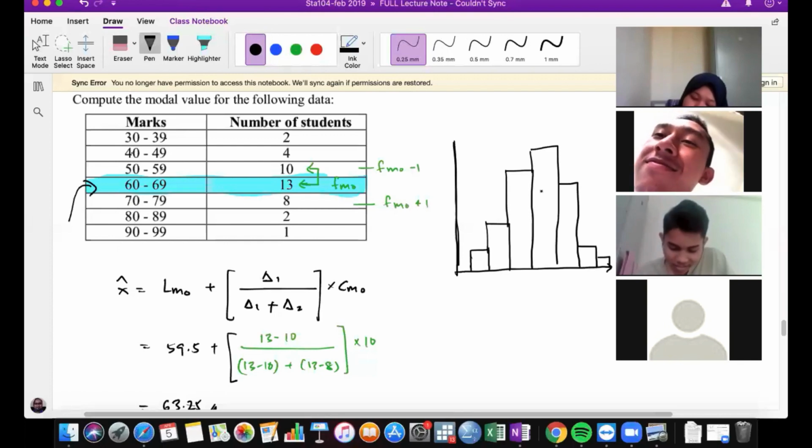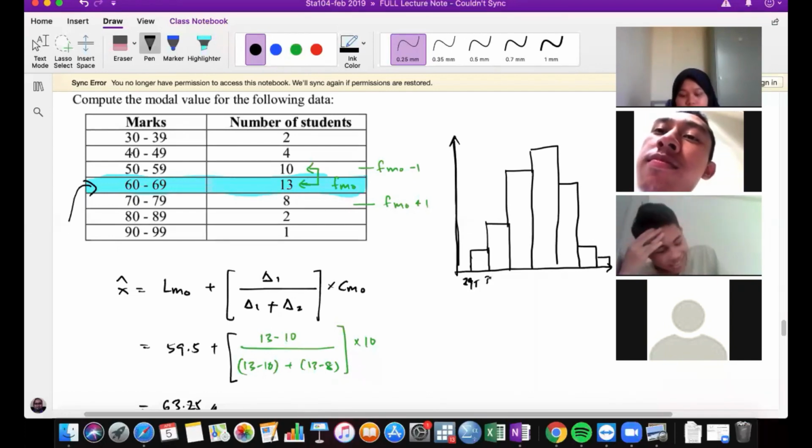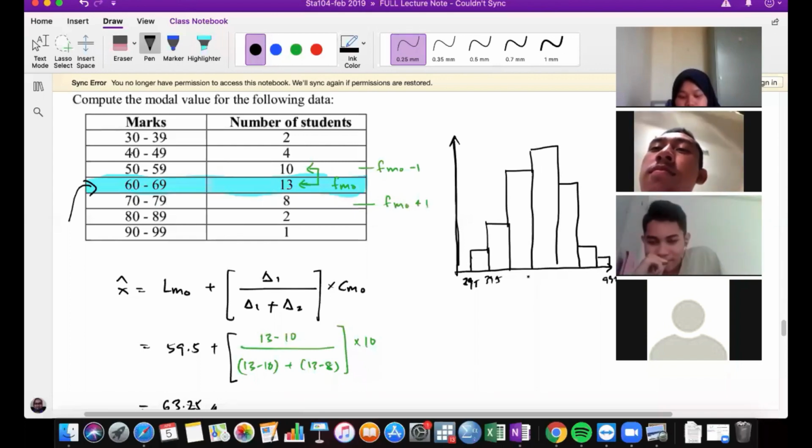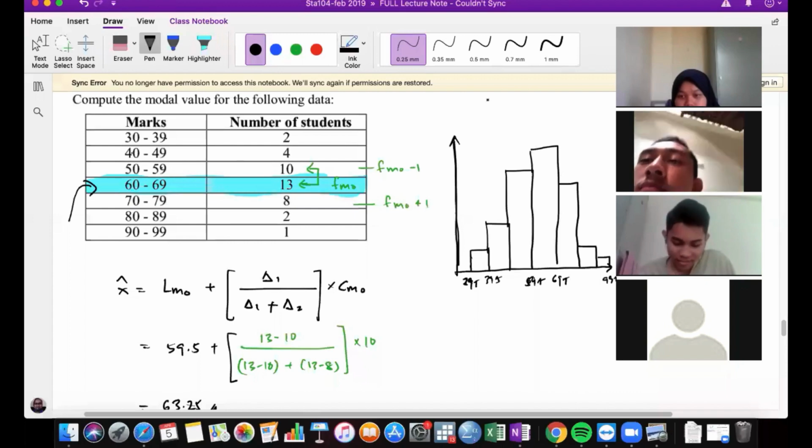So we will get something more or less like this. This starts from 29.5, then 39.5, until 99.5. So this one should be 59.5 and 69.5. This is the histogram.